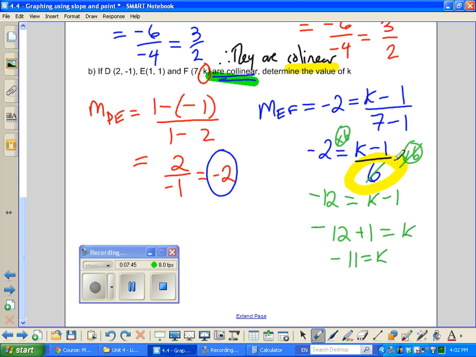You remember from the last unit, we can multiply both sides of the equation by a number and it stays an equation. If we multiply by 6, that gets rid of the fraction, which is kind of nice. It changes the left side to negative 12. So, negative 12 equals k minus 1. We could add 1 to both sides, and that leaves us with negative 11 equals k. So that's that problem solved.